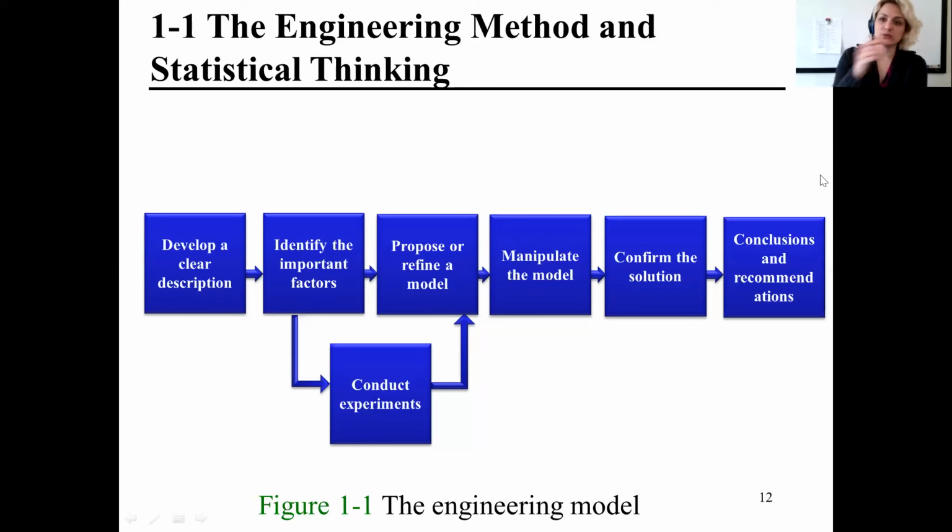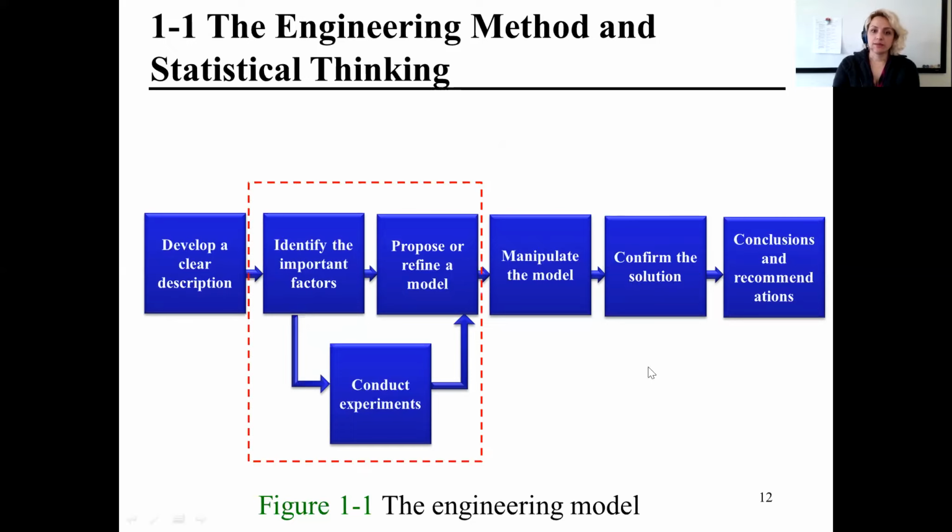Sometimes we need to go back and iterate when confirming the solution. So when you look at this engineering model, which part do you think we can fit as statistics? Think about it for a few moments. You can pause the video, think about it, and then come back.